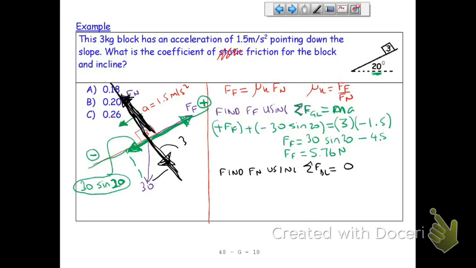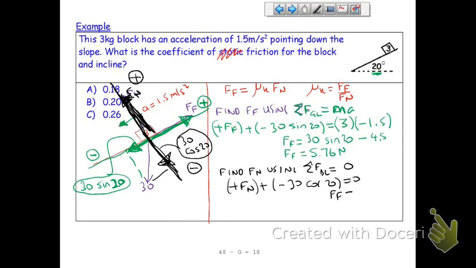And this here is 30 cosine 20, and this is Fn. That's negative. So I'm going to make that positive and make that negative. I say plus Fn added to minus 30 cosine 20 is equal to 0.